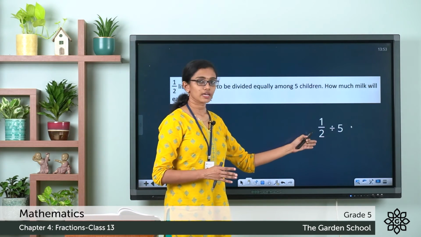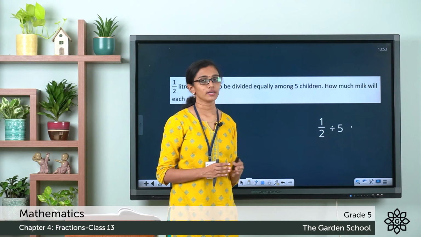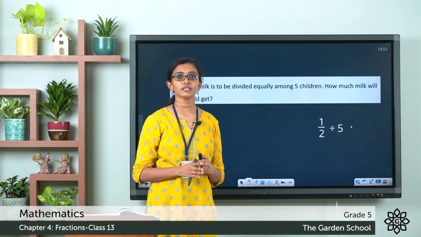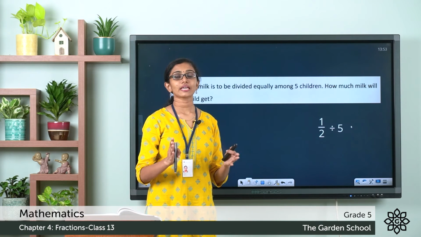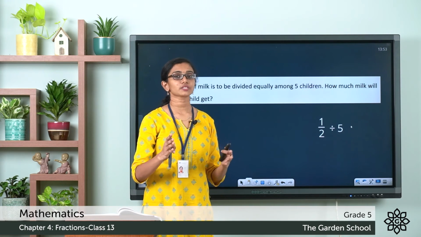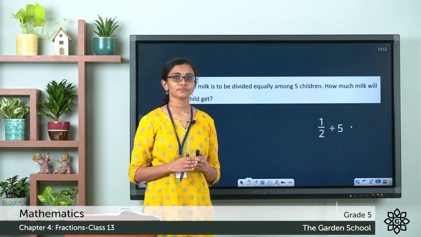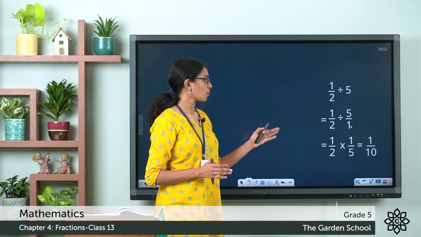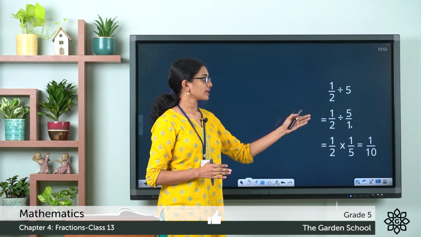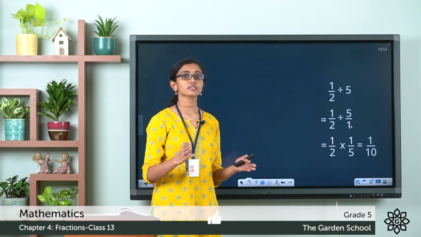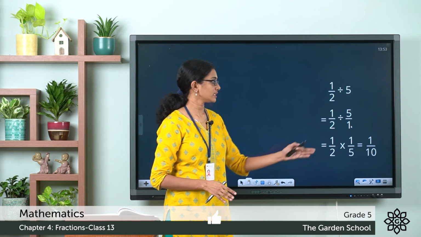So there we have a fraction which has to be divided by a whole number. When you have a fraction and a whole number in the division, the first step is to change that whole number into a fractional form. How? By giving it a denominator 1. So this can be written as 1/2 divided by 5/1. The next step is to take the multiplicative inverse of the divisor.